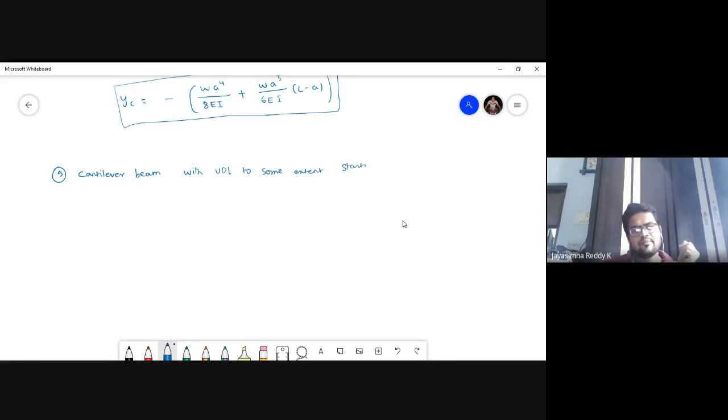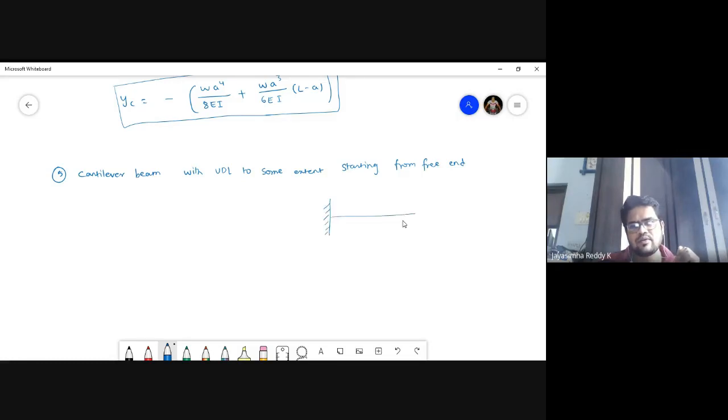In the previous case we have seen from the fixed end, here we are seeing from the free end. So I just wanted to represent it graphically.